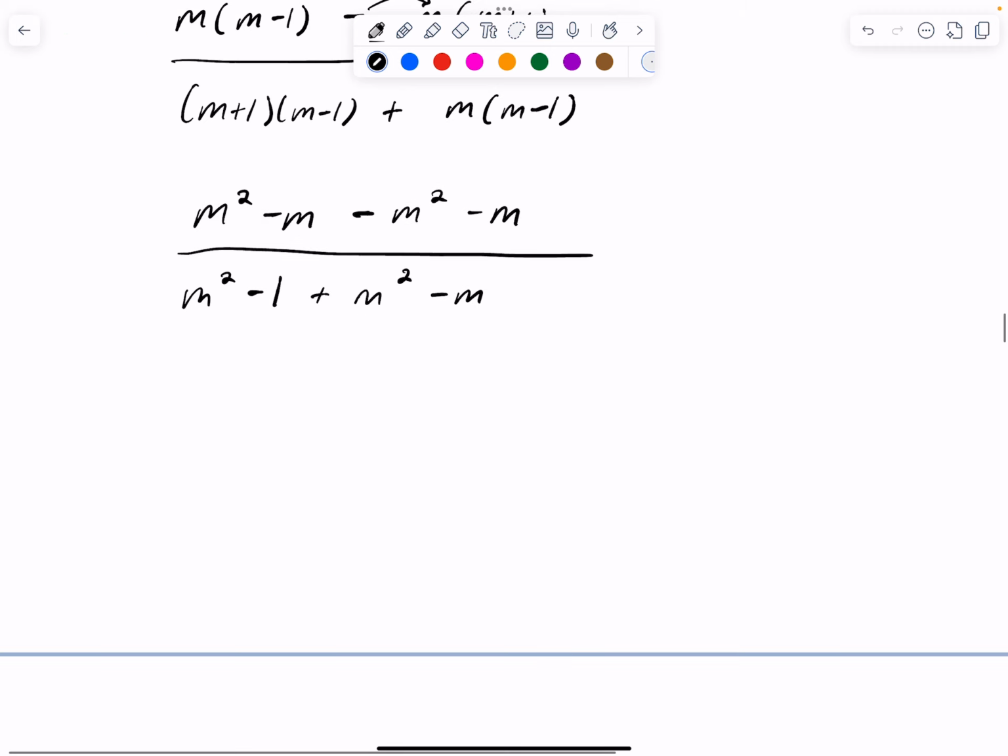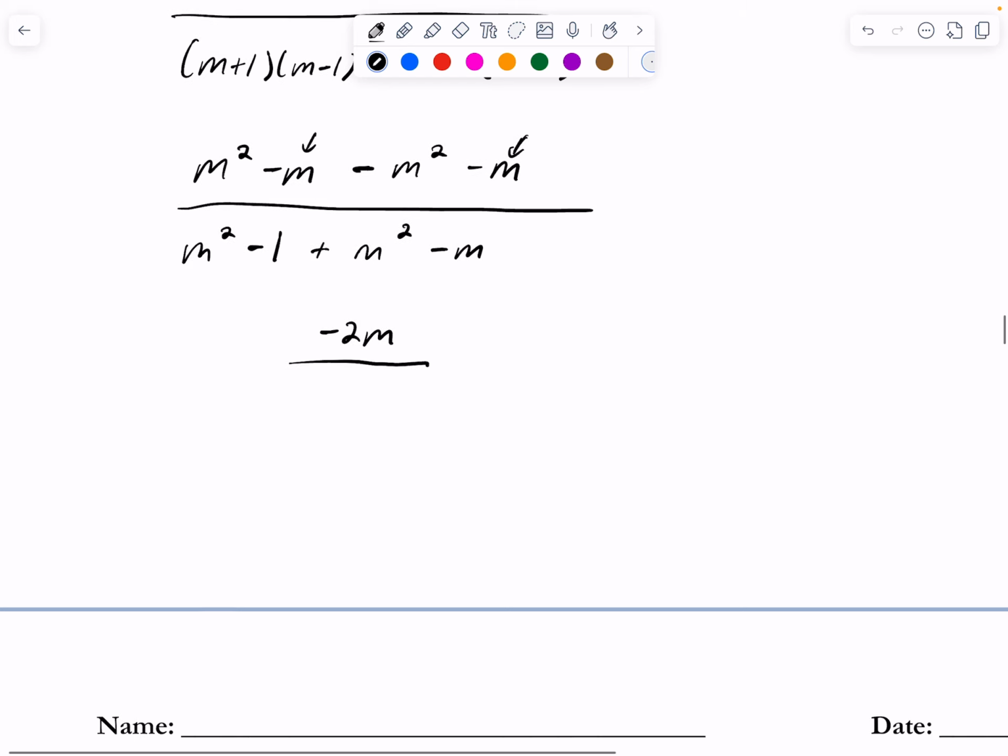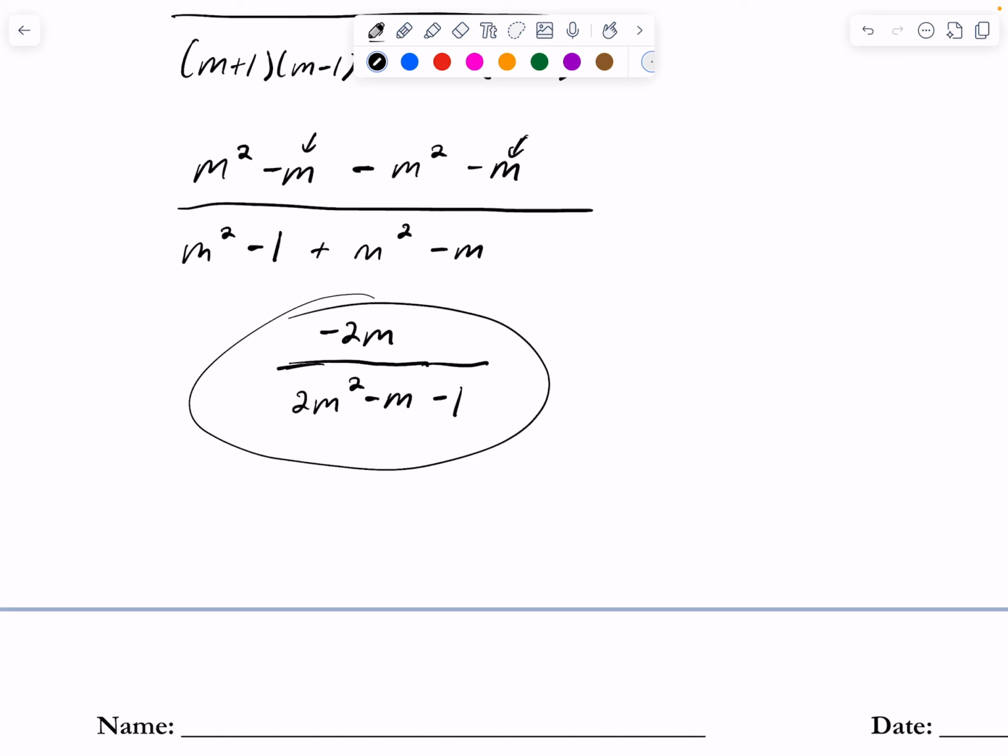Now let's see what happens in the top. In the top, m squared minus m is gone, so negative m and minus m is going to be negative 2m. And then in the bottom, the m squareds are still there, so 2m squared minus m minus 1. So this right here is going to be our simplified expression, okay?